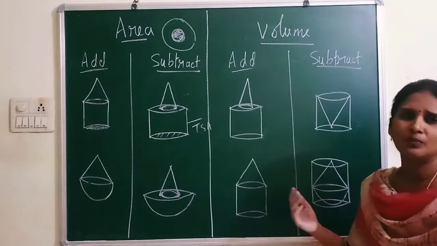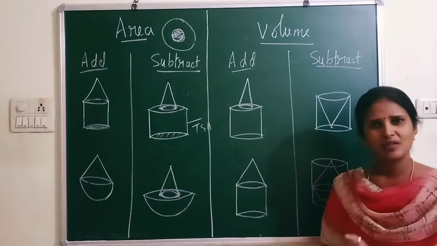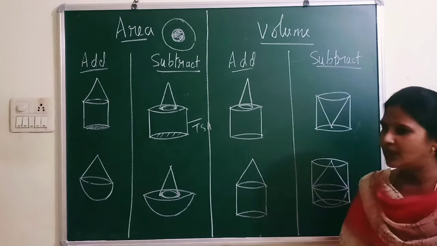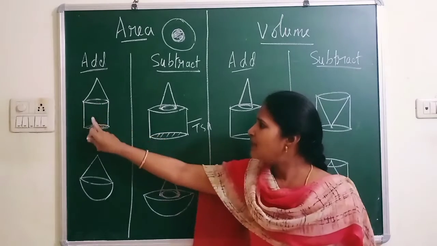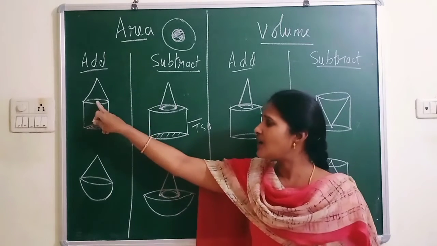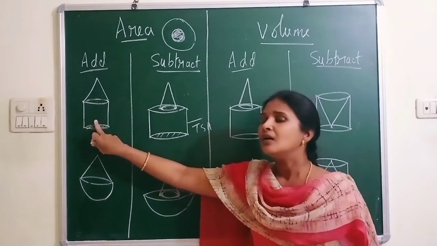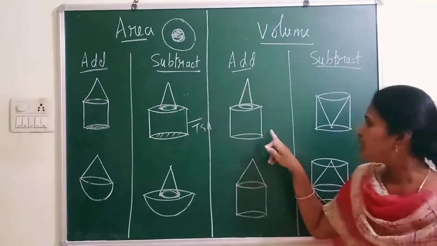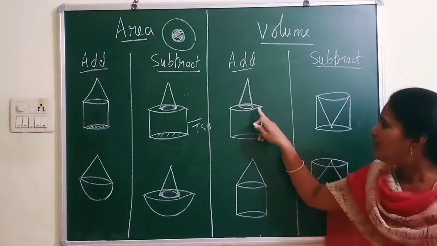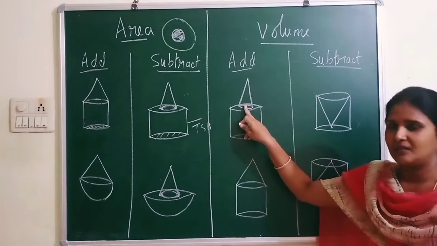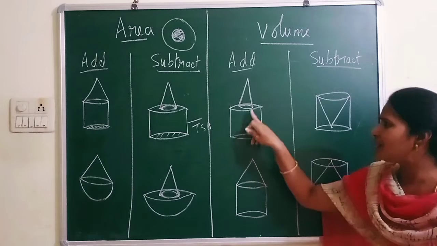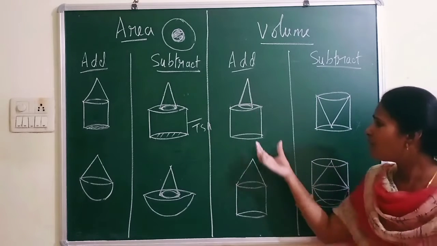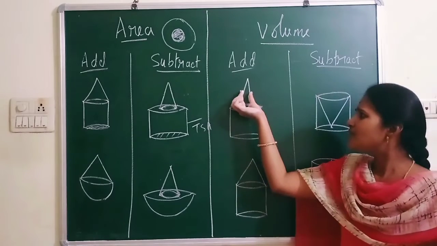Next, coming to volume. Volume also we have done addition and also subtraction. So when we do addition, now listen very carefully. I said in case of area, the diameter of the cone and cylinder should be the same, then only you can add. But in case of volume, even though the diameter is different, say the diameter of the cylinder and the diameter of the cone is different, still we add the volume of cylinder plus volume of cone.